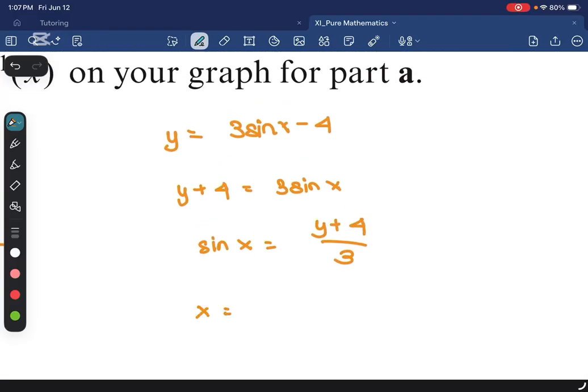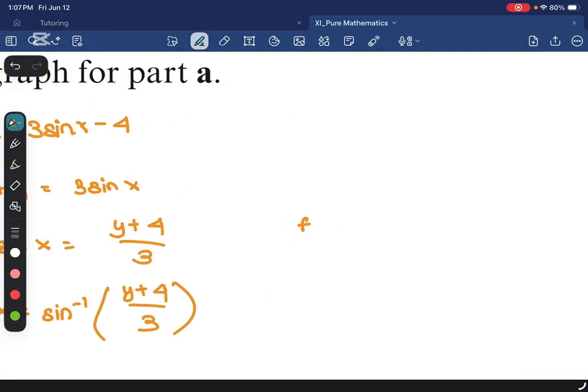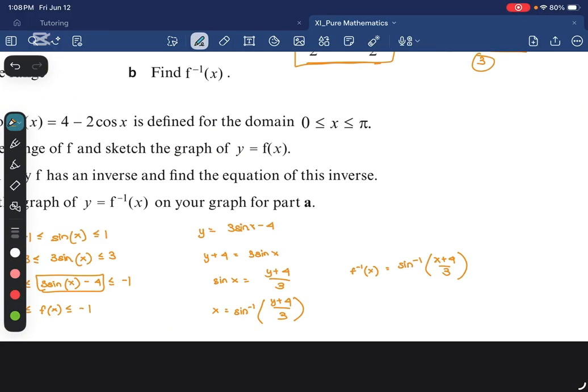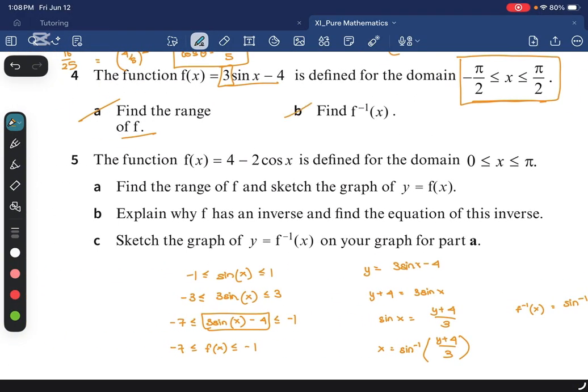So x is sine inverse of y plus 4 over 3. So basically, I can write f inverse of x is equal to sine inverse of x plus 4 by 3. Basically, we did this when finding the inverse of a regular function, right? So that is just part b.